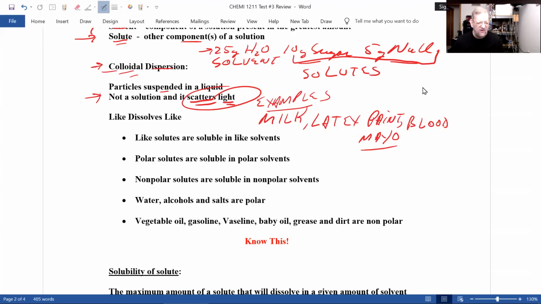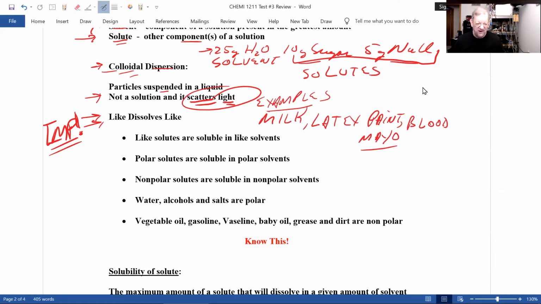Now, the next thing I taught you was the rule of thumb that you should know. This is very important. See, I even wrote it on the paper: like dissolves like. What it means is like solutes are soluble in like solvents.